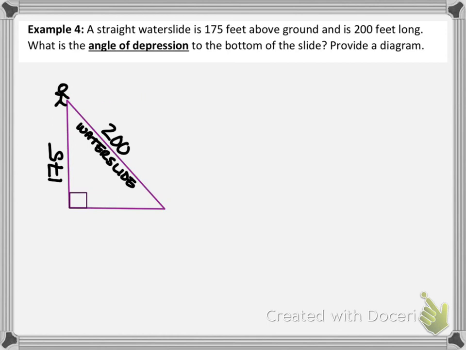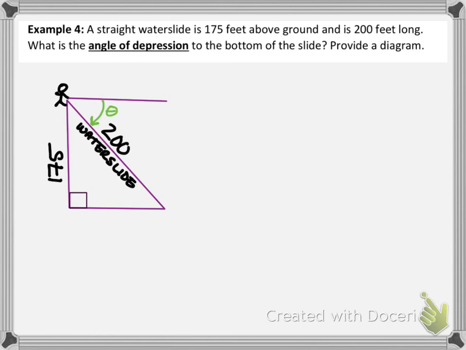There's your line of sight, and they need you to find the angle of depression. So the angle of depression would be this angle on the outside of your triangle. Now the key is, if we want to find that angle of depression, I'm going to put theta there. Theta is what we're looking for.